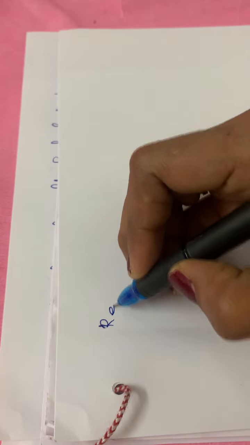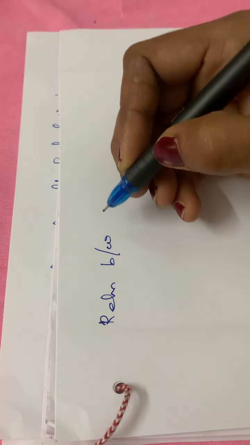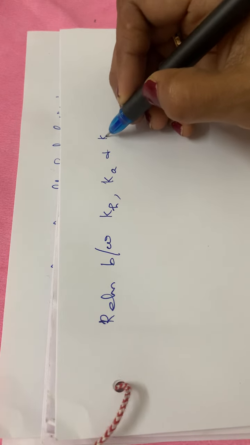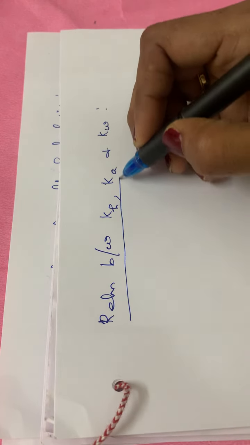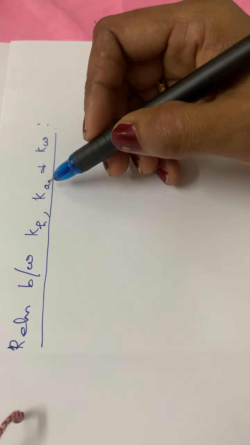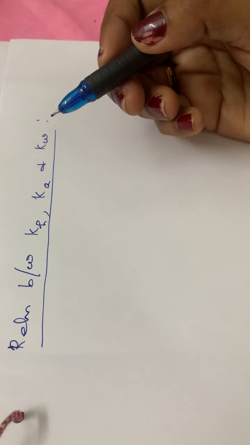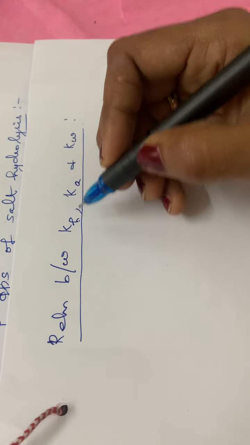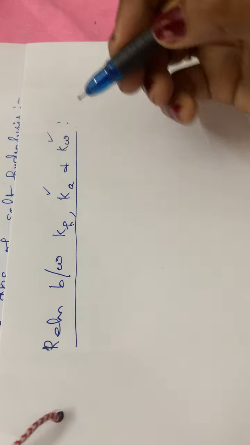Then the next one is the relation between Kh, Ka and Kw. Here we are taking a weak acid and a strong base, so we write it as Ka. We have got this Kh, then we have to find out Ka and Kw.